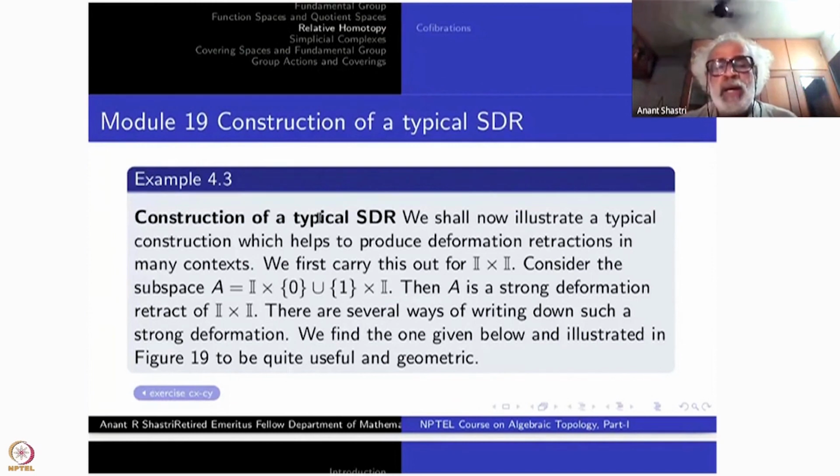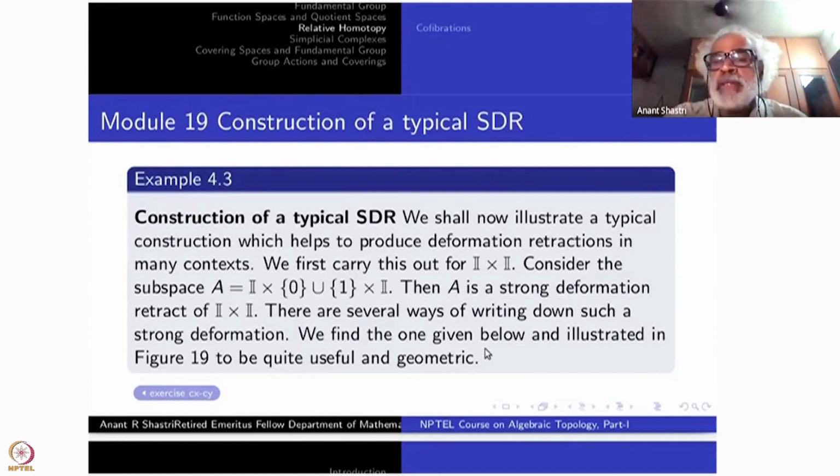So what I do in I cross I is take the x-axis part, and on the y-axis I take 1 cross I. You could choose the other two also. So instead of the entire boundary, I am taking two of the sides, not opposite, adjacent sides. So I cross 0 and 1 cross I. Then this subspace is a strong deformation retract of I cross I.